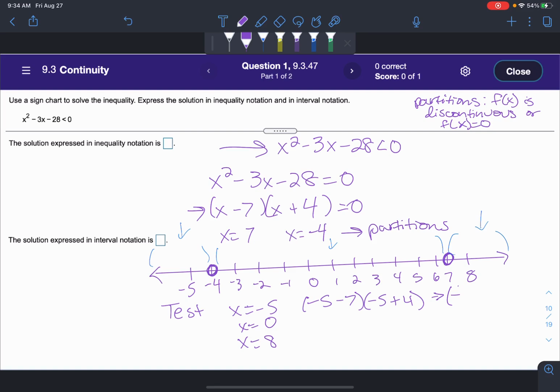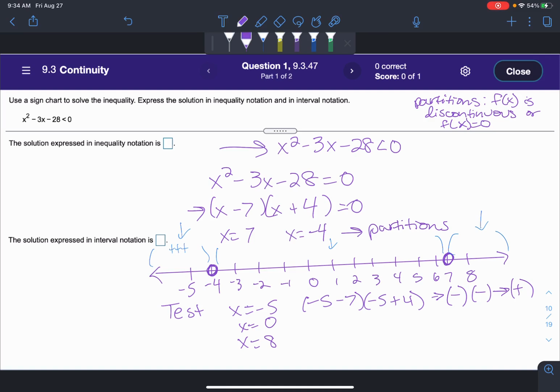So I'm just gonna denote it as a negative, and then -5 + 4 will also give me a negative, right? -1. And so a negative times negative will give me a positive. So that's why this interval is going to be a positive, which I'll just write with a bunch of pluses.